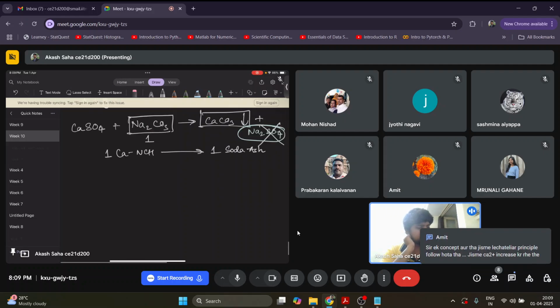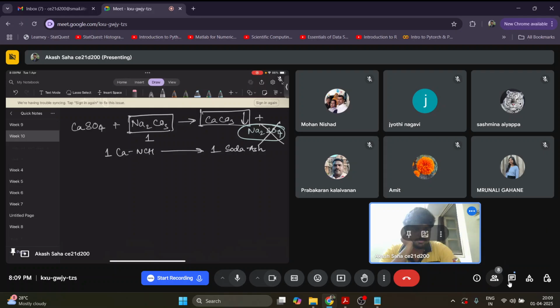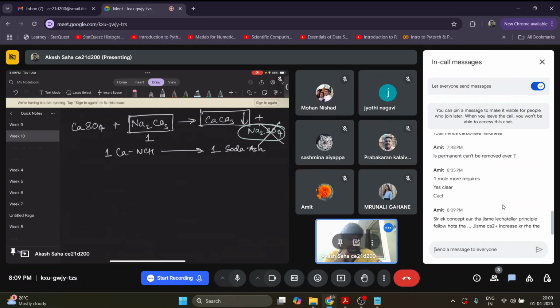Right? Now, Amit, is it Le Chatelier's principle or Langelier's principle? Are you talking about the Langelier scale or Le Chatelier's principle?